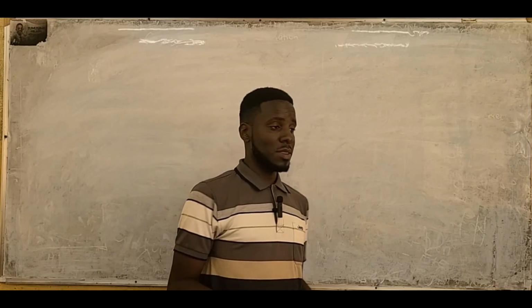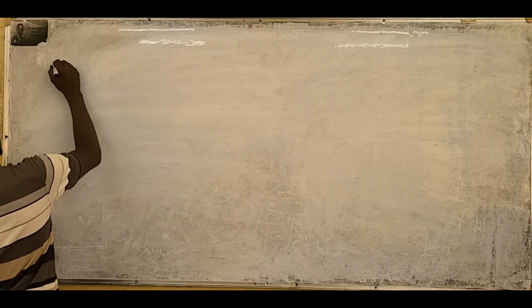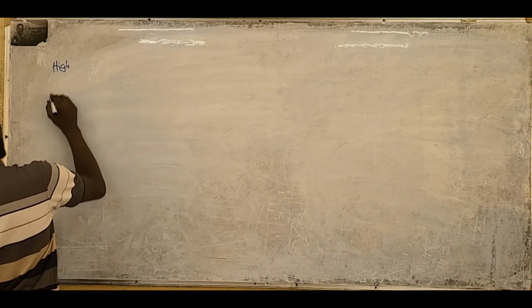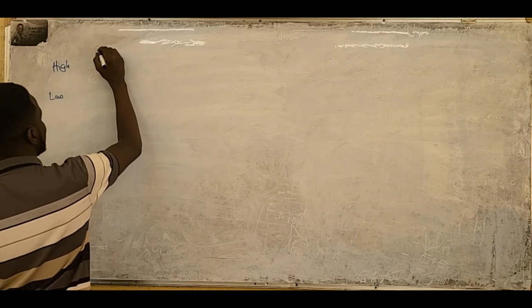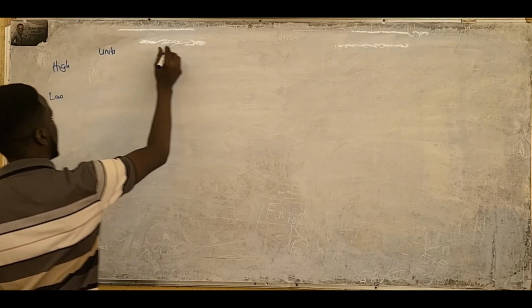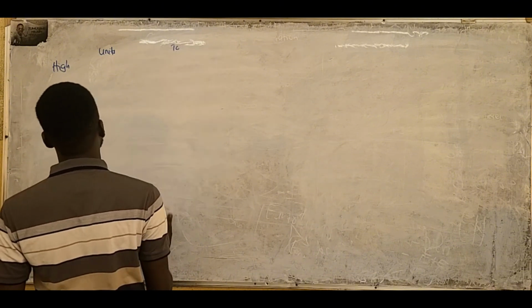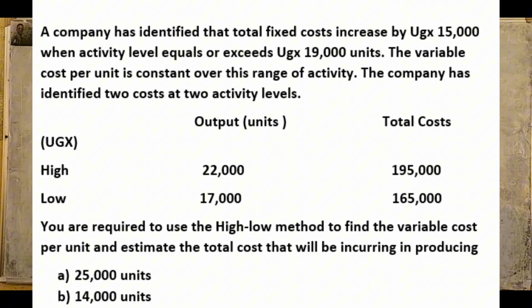Okay, so we realize our high and low. We're going to have our units here, and our total cost. So the highest output is 22,000.